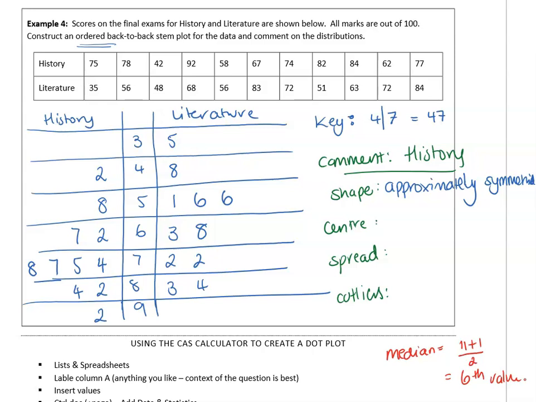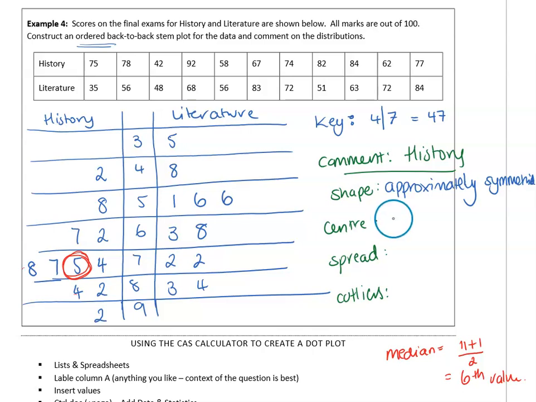Starting either from the top or from the bottom, when I'm counting those, I have to keep starting from the stem and working out. So I've got 1, 2, 3, 4, 5, 6. If I was to start from the maximum value of 92, I would have to count in from the left-hand side. So 1, 2, 3, 4, 5, 6, and see how I land again on that 5. Now that means it's not 5, but 75.